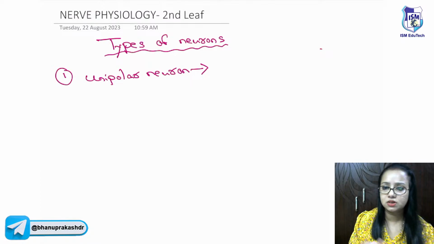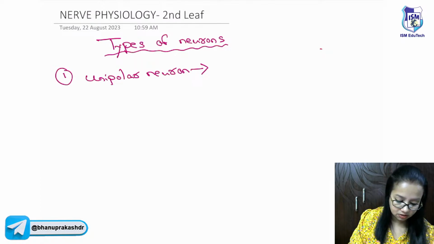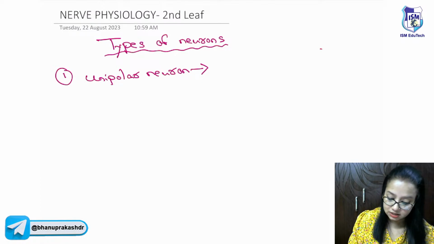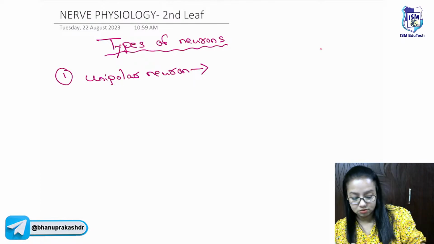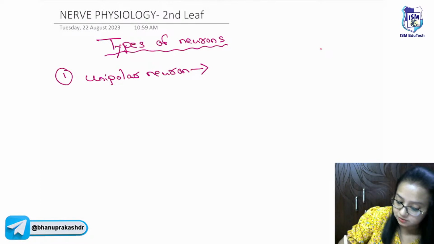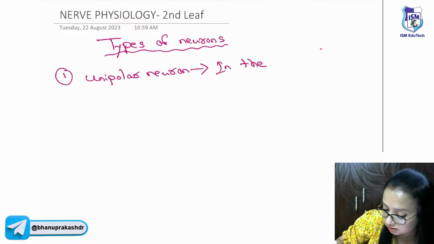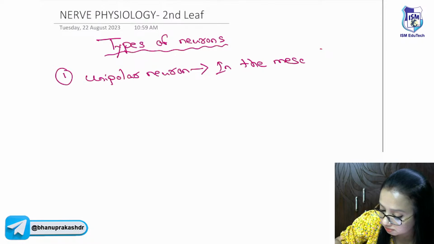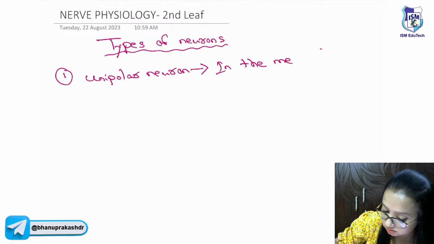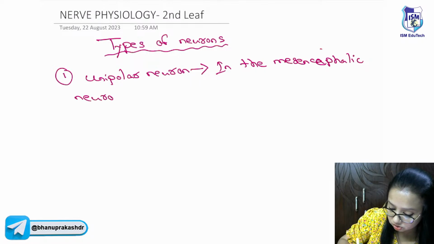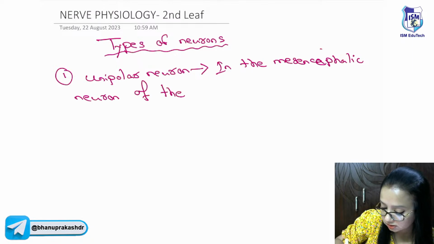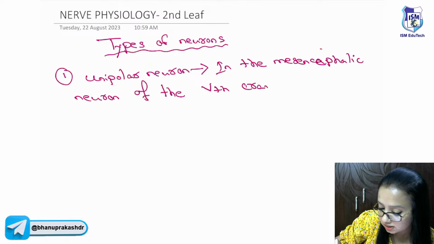It was only thought to be found in insects and ants kind of organisms, but later on it was again reported that no, it is also found in the human being, present in the mesencephalic neuron of the fifth cranial nerve. Now, how does it look like?